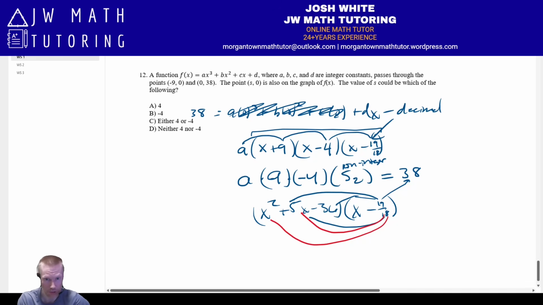For example, here the x squared term is negative 19/18 x squared, and then with the x term, 5 times 19, 95, negative 95 over 18x. And when you combine them with the other x and x squared terms that you get by doing this multiplication, the other ones aren't going to have fractions in them, so the end result is that b and c are not going to be integers.